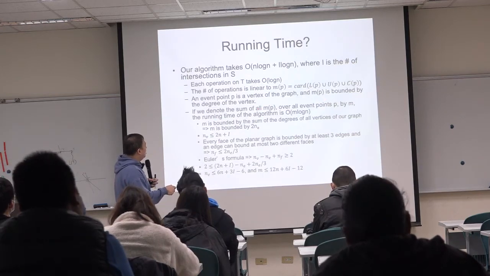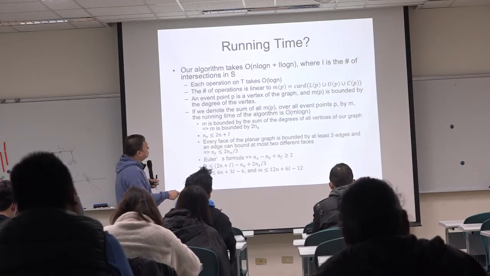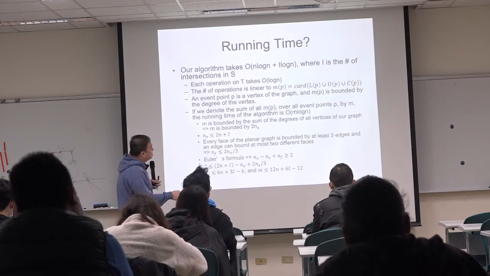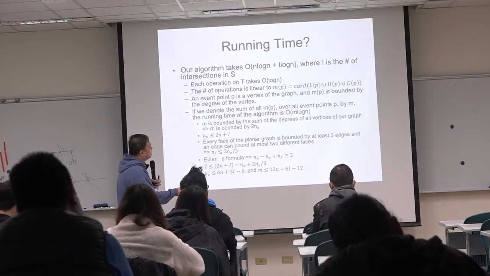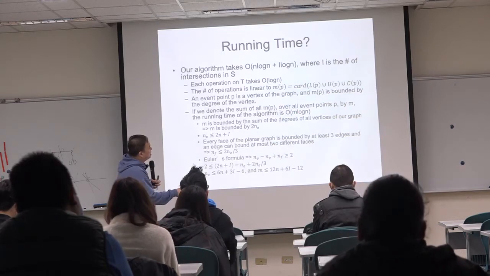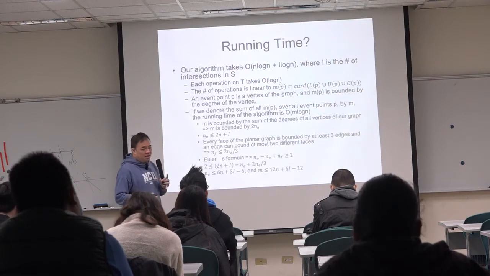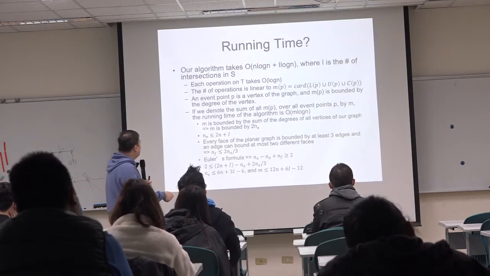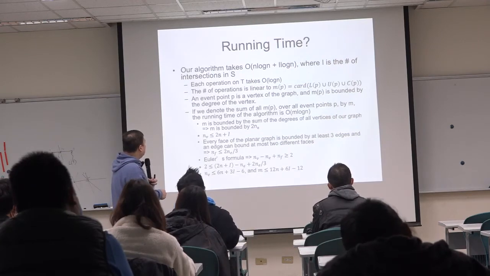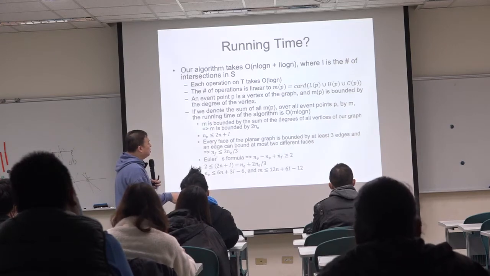Then the running time of the algorithm is big O of m log n. We just denote all this sum of n_P as m, and each operation takes log n time, so it's big O of m log n. I hope this is not too difficult to observe.